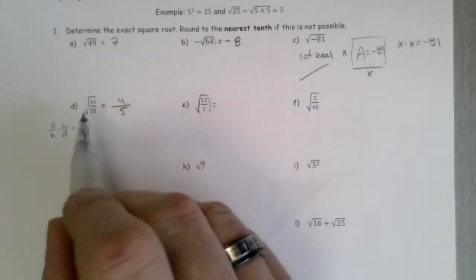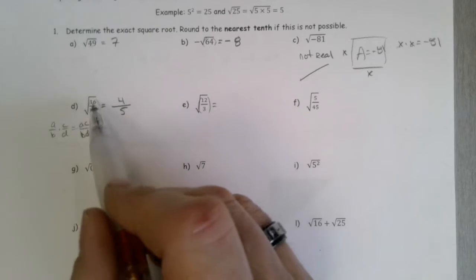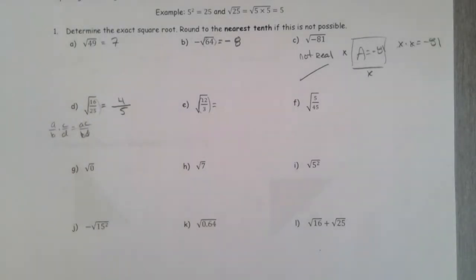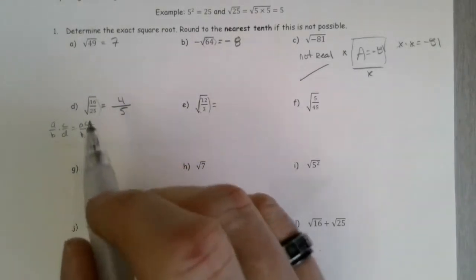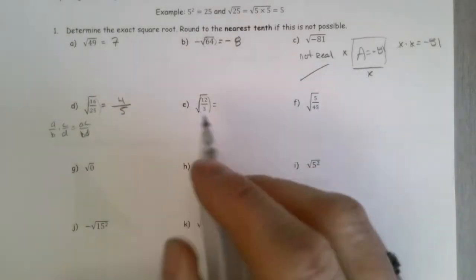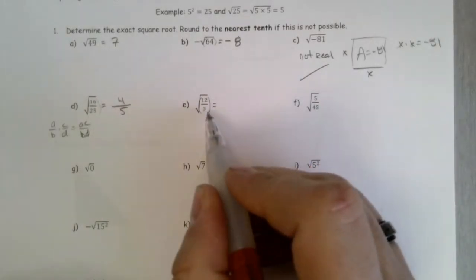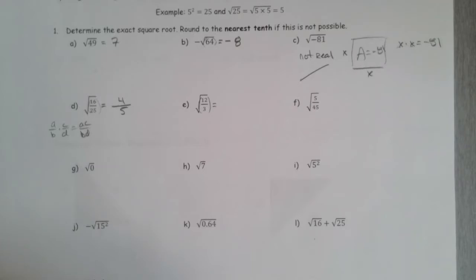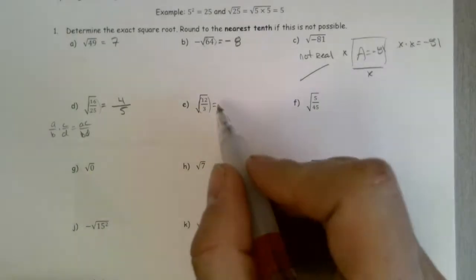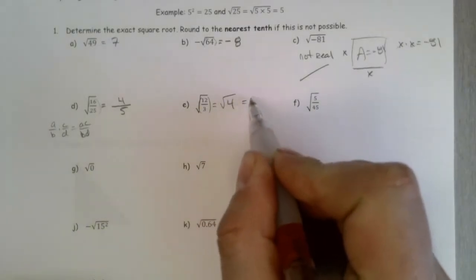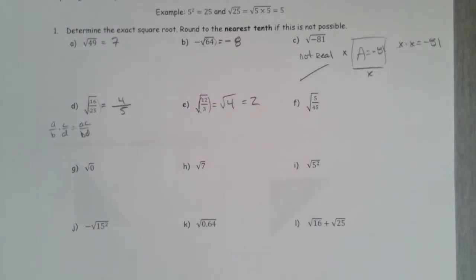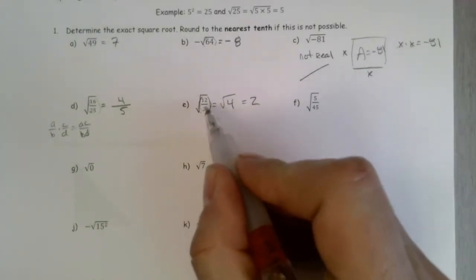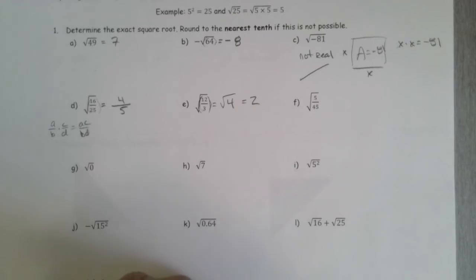And so I could have done this here, but I don't know what 16 divided by 25 is. But I do know, again, that I'm multiplying the numerators, multiplying the denominators. Now here, wait a minute, I do know what 12 divided by 3 is. That's 4. And the square root of 4 is 2. So in this particular case, I did have the ability to do a little bit of work here.